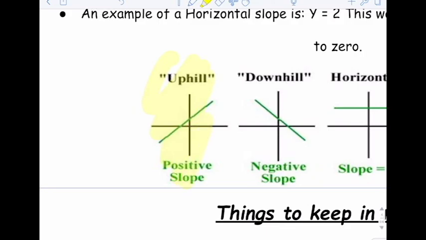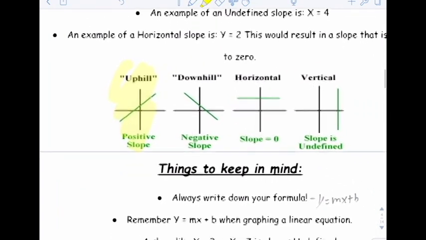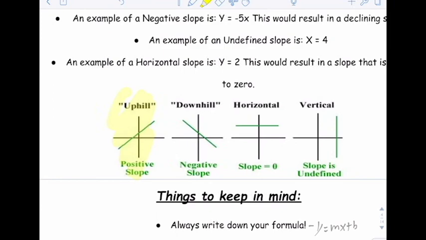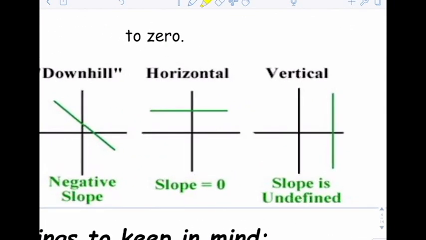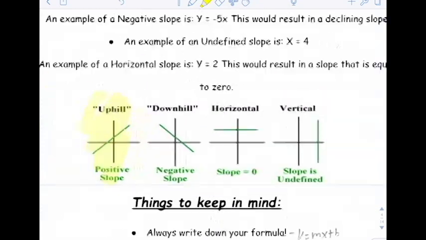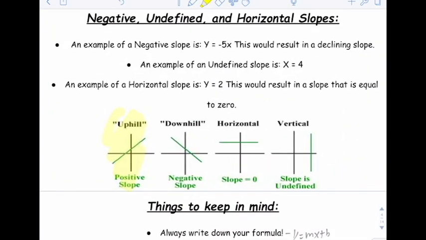The downhill slope starts at the left, goes to the right, but decreases. The horizontal slope is just equal to 0. That might be something like y equals 2. And a vertical slope would be undefined, so it would be like x equals 4, x equals 1.5, stuff like that.